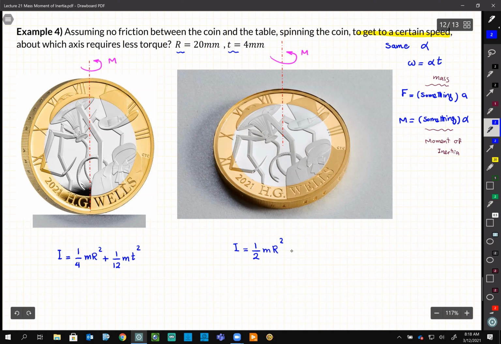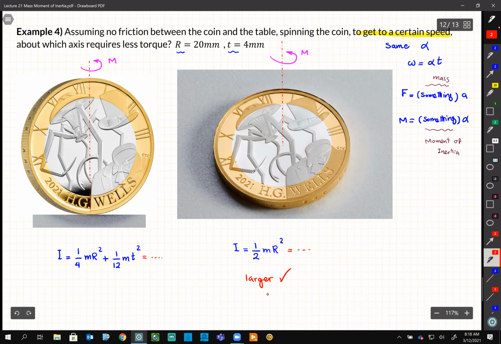So obviously this is 1/2, T is very small. If you plugged in the numbers, obviously it seems this is way larger. I'll let you do the calculation later, but it's obvious, right? We have 1/4 here, here we have 1/2. And 1/12 mt squared is very small.